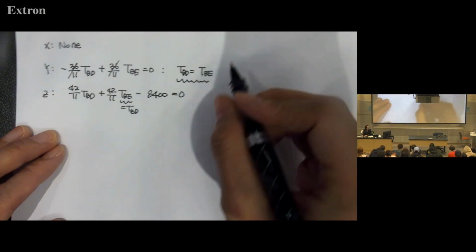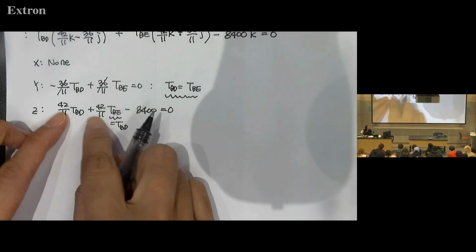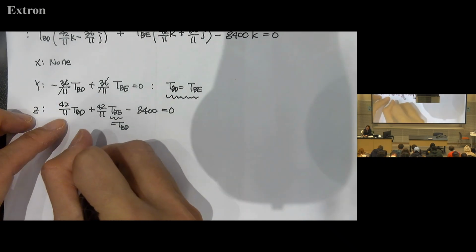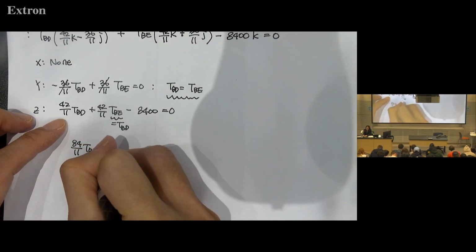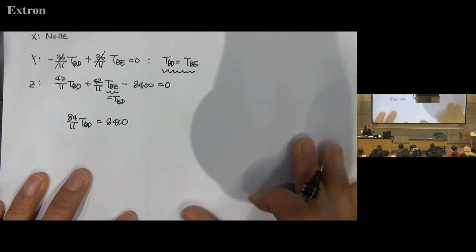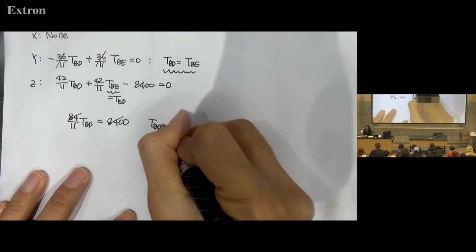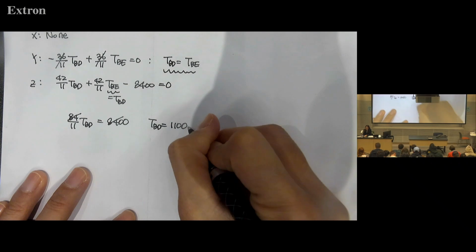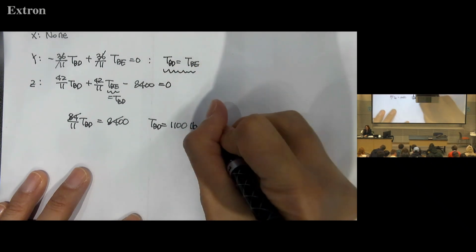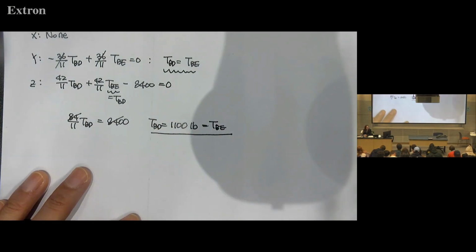Because these two are the same, we can sum these two up, right? 42 over 11 plus 42 over 11, so 84 over 11 TBD equals 8,400, right? Then TBD should be 1,100, right? And then because these two are the same, TBE is also 1,100 pounds. Right?